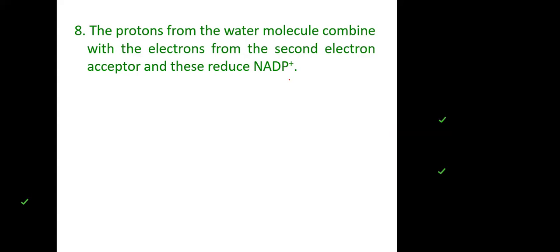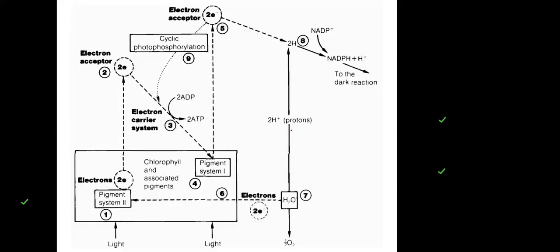So the NADP will have an H on it, so we call it reduced NADP. And then we also see, this is what I've just described, that the protons and these electrons together are able to cause the reduction of the NADP.